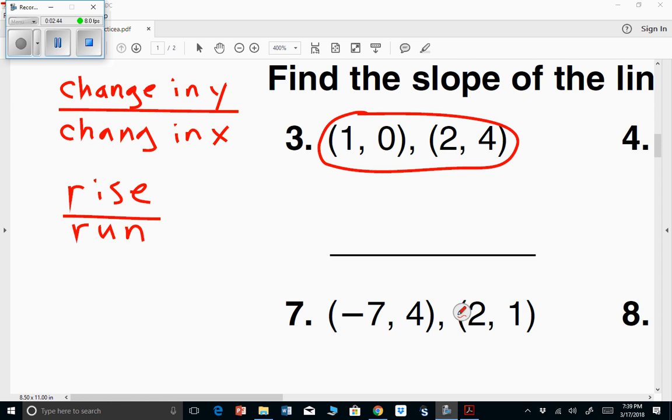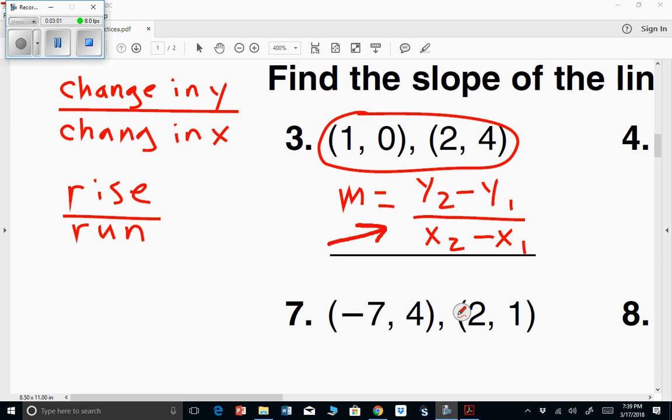And another one is m equals y sub 2 minus y sub 1 over x sub 2 minus x sub 1. Now you might think that this one is too messy and these other ones don't look so complicated, but this one is the one you're going to end up using if you are just given 2 points on the line. If you have a drawing, if you actually have the line graphed, you can use rise over run, and we'll come back to that.